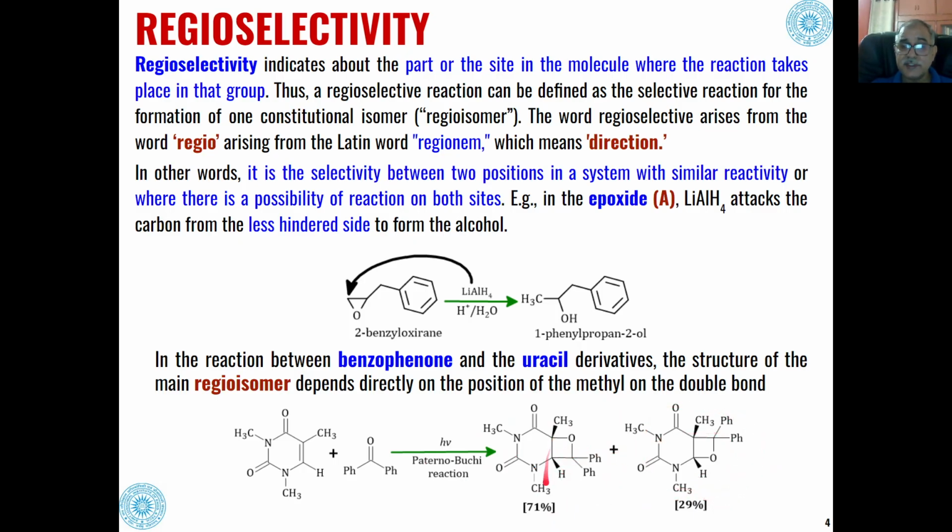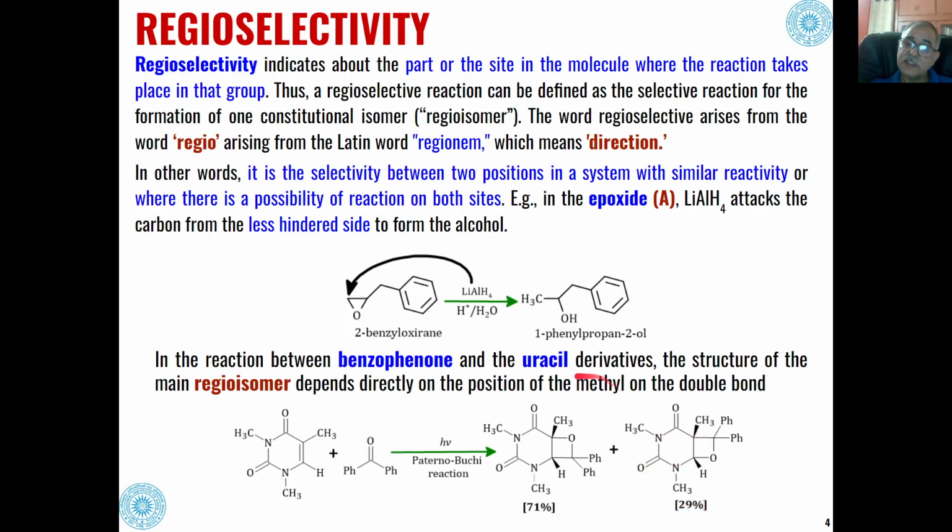This is the first regioisomer where this oxygen will get attached to this carbon and this carbon will get attached to this carbon, and we will get this type of product. And the second regioisomer is when the opposite happens, that this carbon gets joined to this carbon and this oxygen gets joined to this carbon. So addition is inverted in this case and we will get this type of regioisomer.